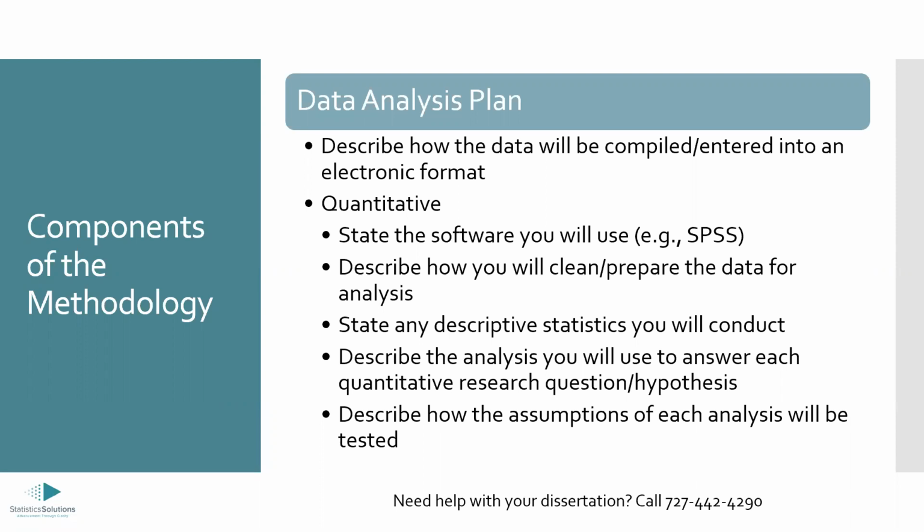So, for instance, in a true probability, random sampling procedure, every single individual in the population would have an equal chance of being selected into your study. Well, depending on the population that you're looking at, it's probably not going to be feasible to ensure that every single individual in the population has an opportunity to participate in your study.